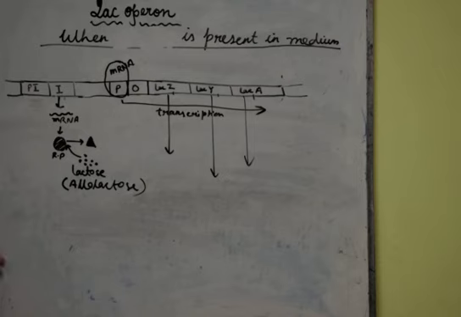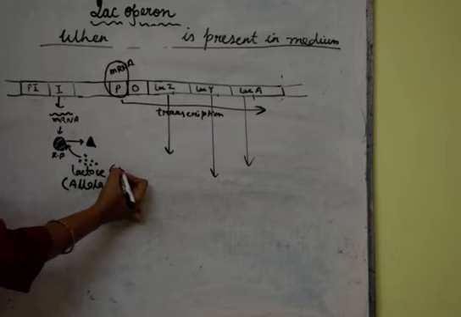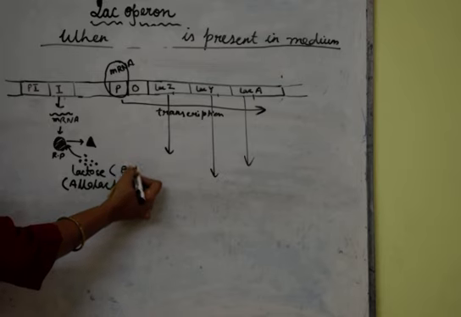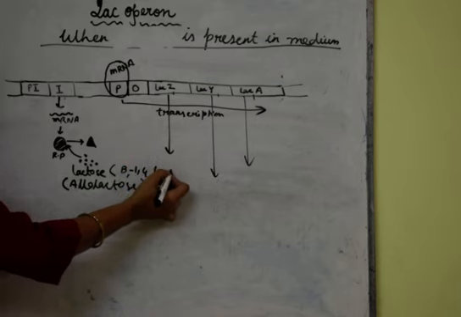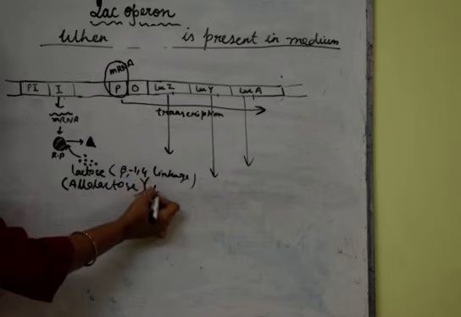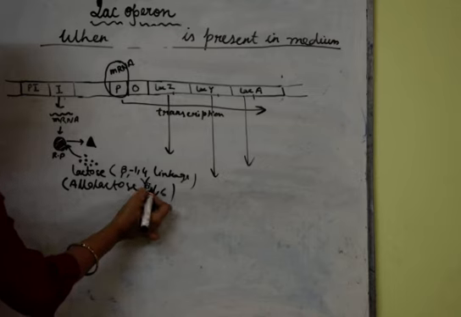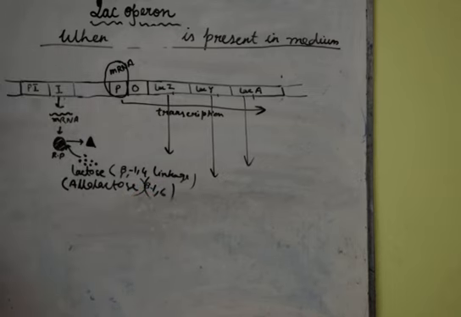What is the basic difference between lactose and allolactose? In lactose, glucose and galactose are bound by a beta 1,4 linkage. And here in allolactose, glucose and galactose are bound by a beta 1,6 linkage. This is the basic difference between allolactose and lactose.